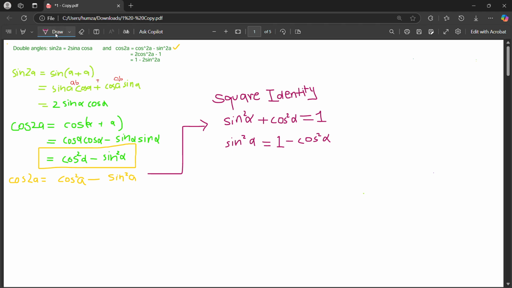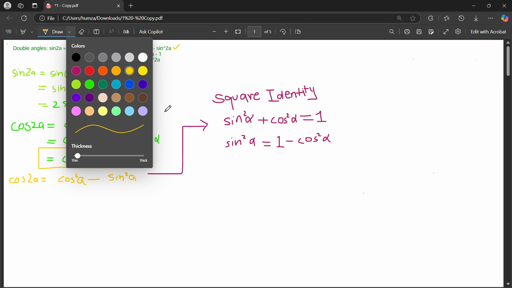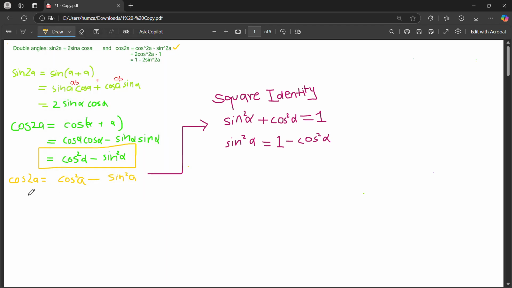Now let's come back to our equation here, the question here. So cos squared a minus sin squared a. Now we are going to use this sin squared alpha value and substitute in this sin squared a here.